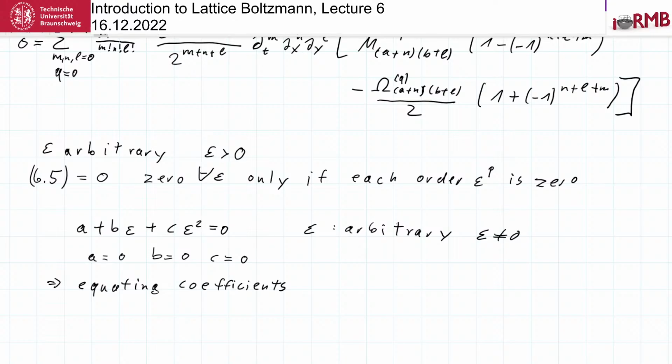No, all of them must be 0. So this means that, there's a funny thing, I did not write it down. Is it b or b epsilon equal to 0 and c epsilon square equal to 0?